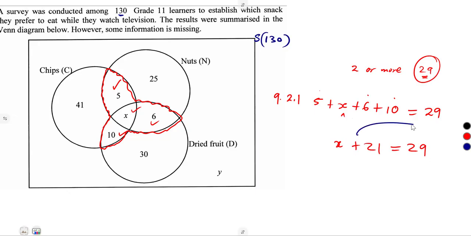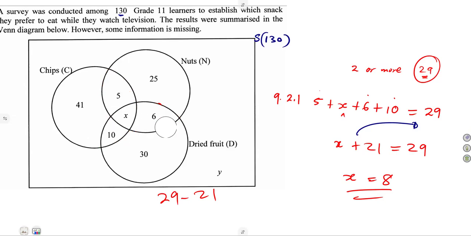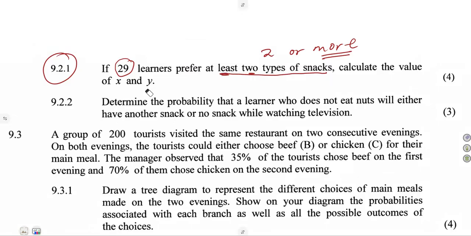To find X, we take this to the other side. So X is 29 minus 21, which is 8. So we have the value of X. The information that they are 29 has nothing to do with Y, but they asked to find X and Y.